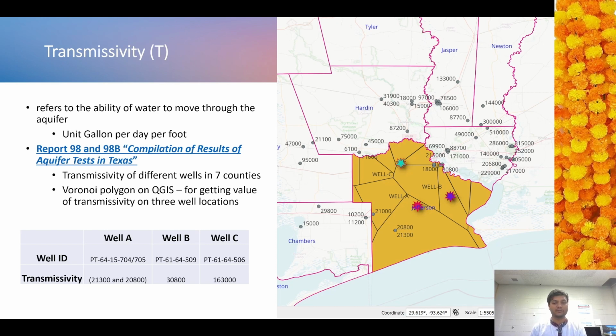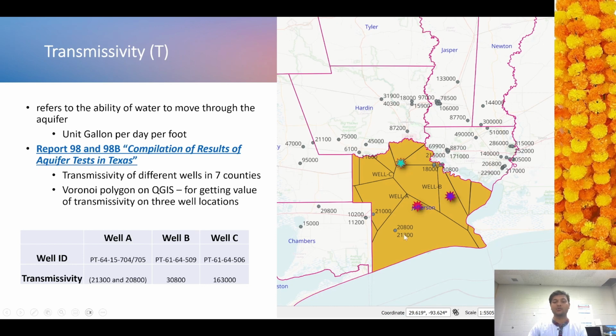The CSV file was imported to QGIS, and in QGIS we constructed a Voronoi polygon, and using the Voronoi polygon we found out the transmissivity of these 3 locations. As you can see in the table, we found the transmissivity of well A as 21,300 and 20,800.